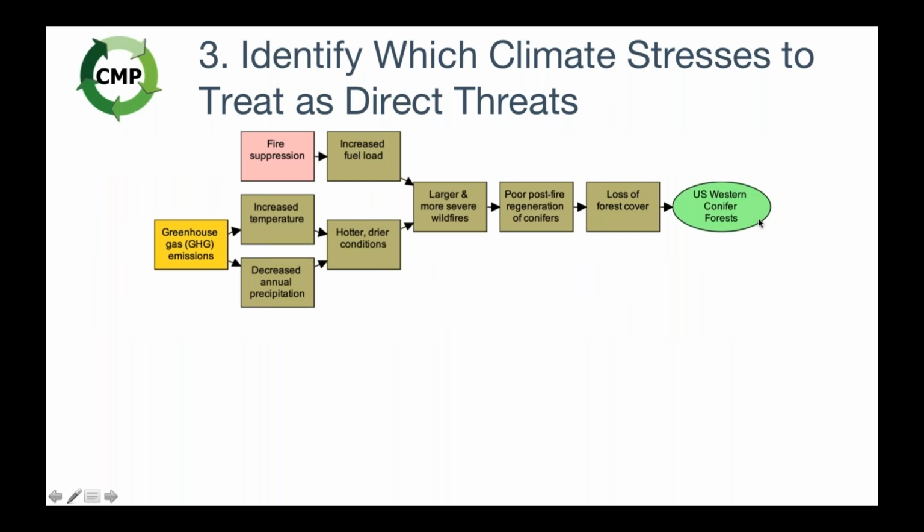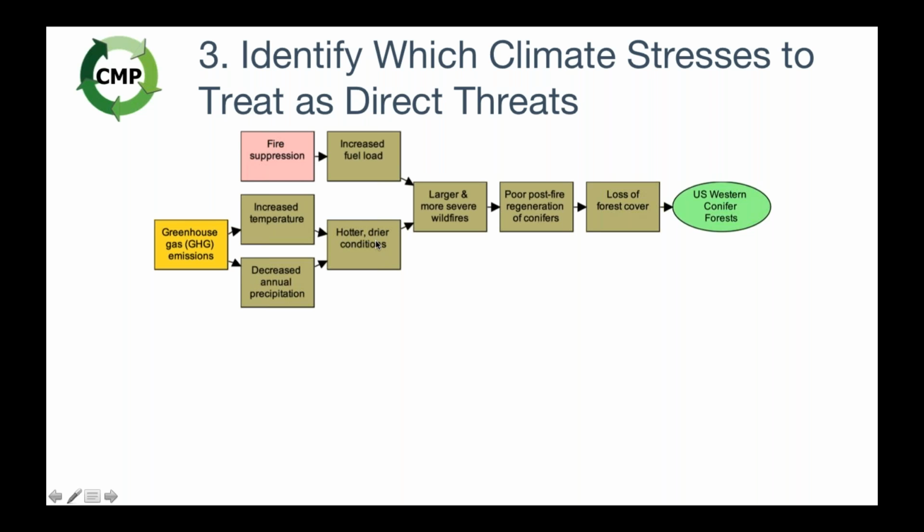So this is, you've got Western conifer forests that are affected by large and severe fires. So why are those large and severe fires happening? Well, on the one hand, you've got fire suppression, so you have an increased fuel load. On the other hand, you have climate change, so greenhouse gas emissions causing increased temperature and a change in precipitation patterns, decreased annual precipitation in this area, which is causing hotter and drier conditions.